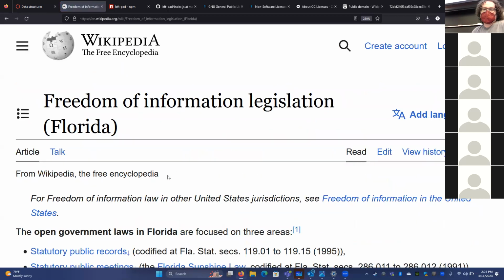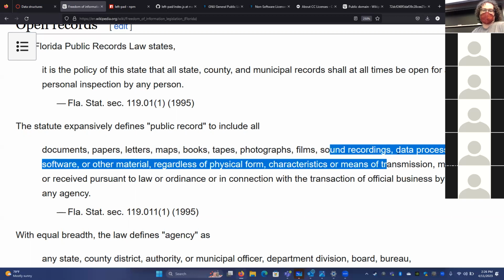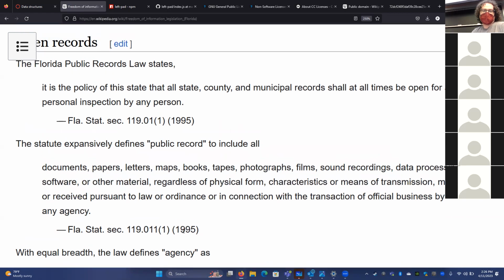The idea here is that it is the policy of any state, county, municipal record shall be at all times open for personal inspection by any person. Documents, letters, sound recordings, data processing software, other materials. 1995. Data processing software, 1995.